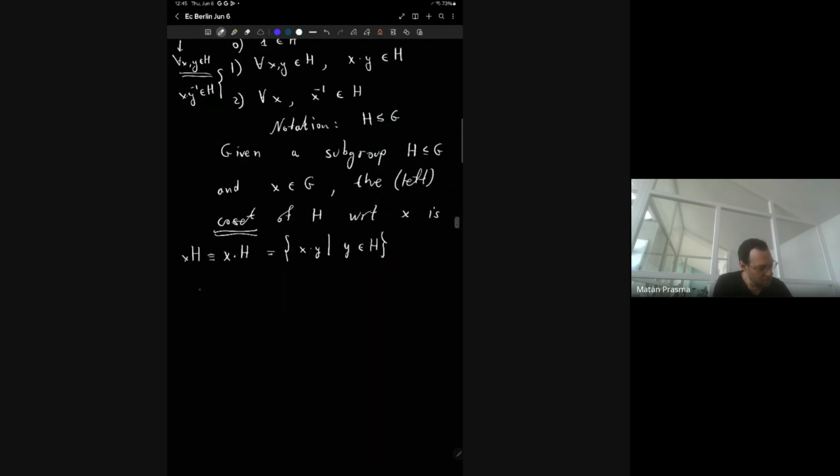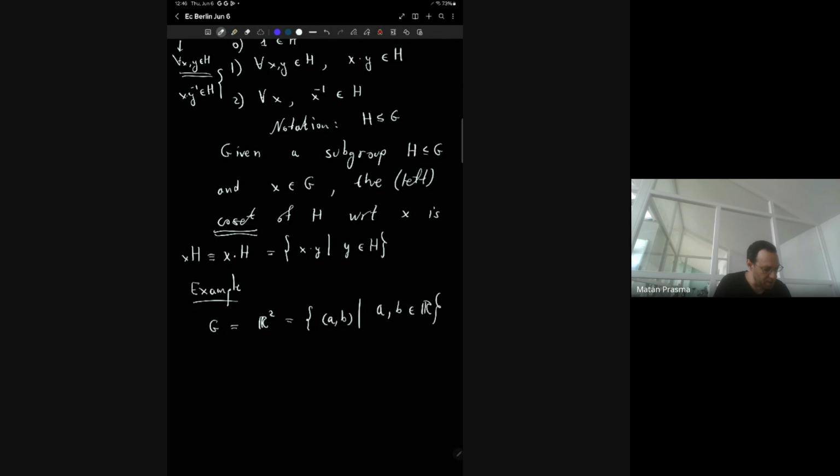So, for example, we take G to be the real plane. This is the set of tuples A, B, such that A and B are real numbers.